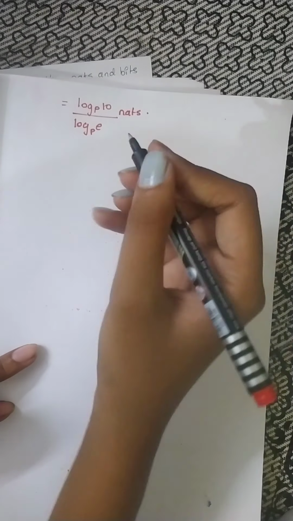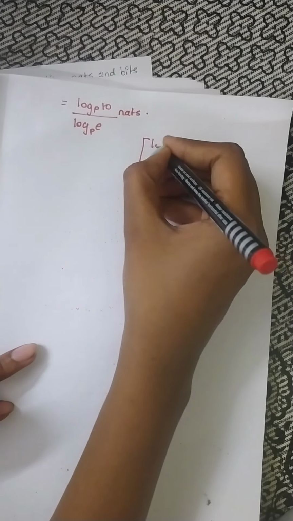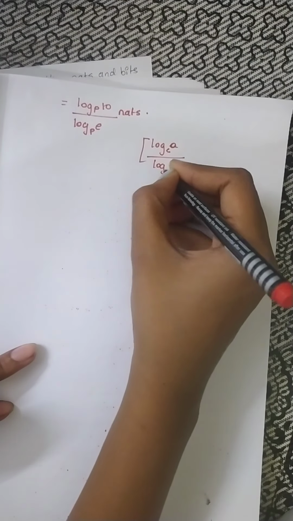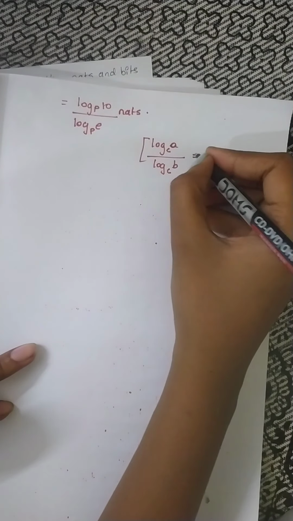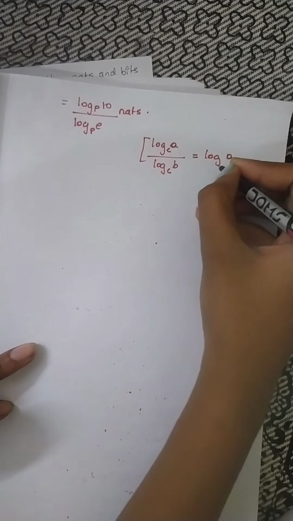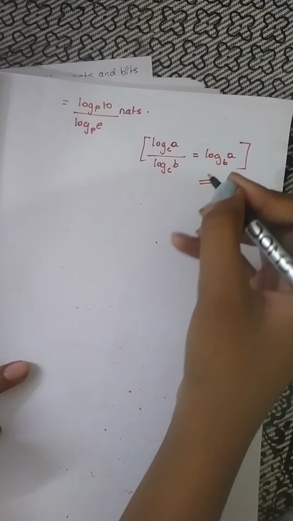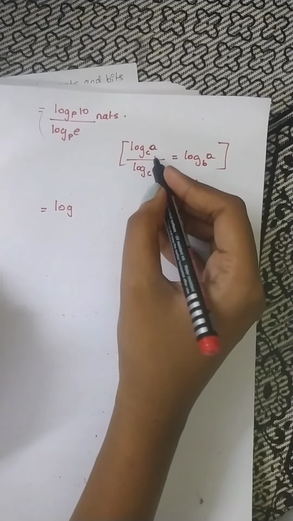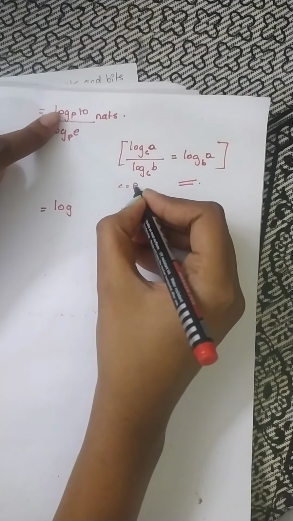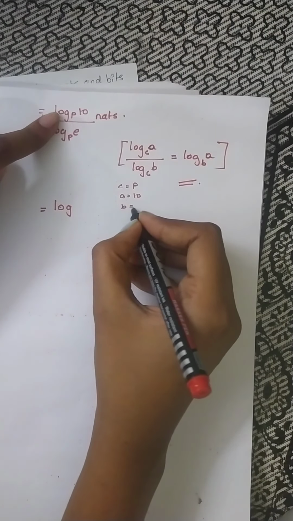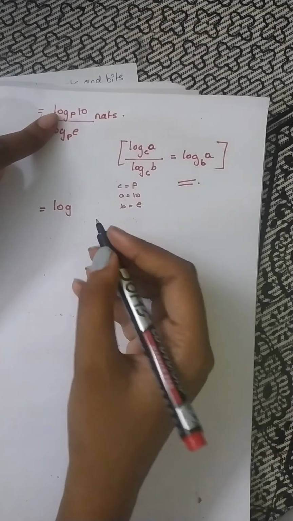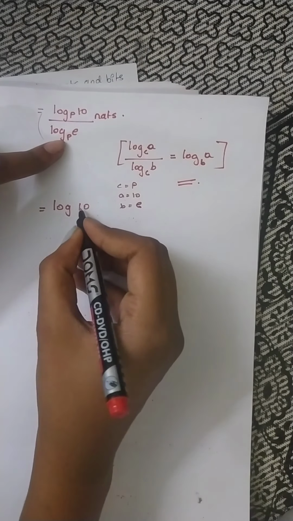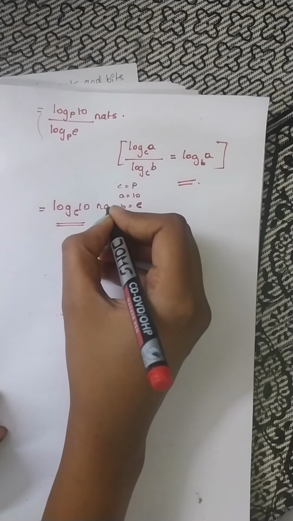Again you can rewrite this using the formula log a to the base c divided by log b to the base c is equal to log a to the base b. Here c is nothing but p, a is nothing but 10, b is nothing but e. So I write log 10 to the base e, nats.